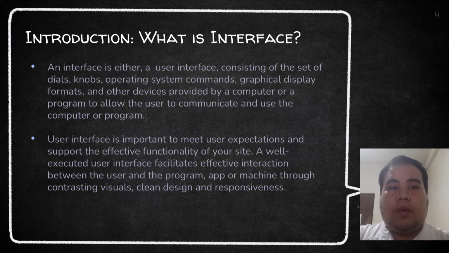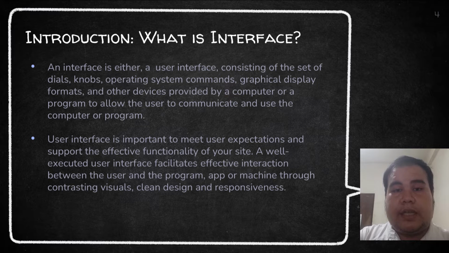Now, what is an interface? An interface is a set of dials, knobs, operating system commands, graphical display formats, and other devices provided by a computer to allow the user to communicate and use the computer or a program.